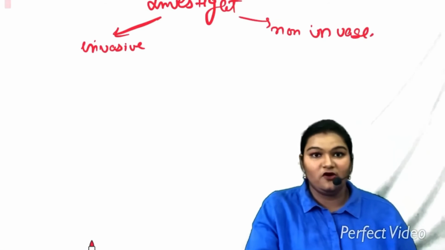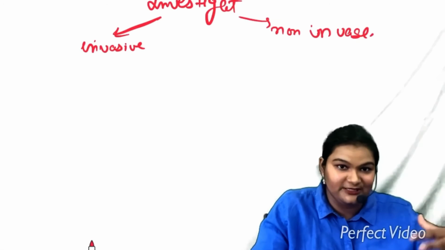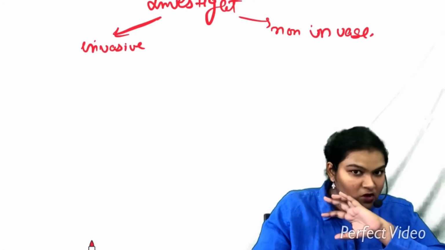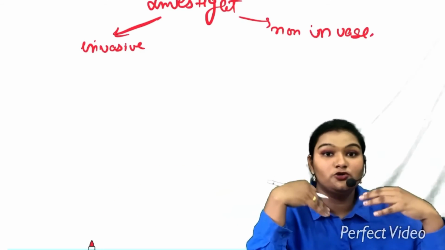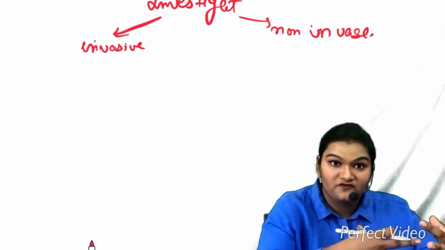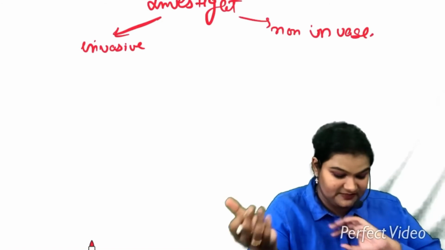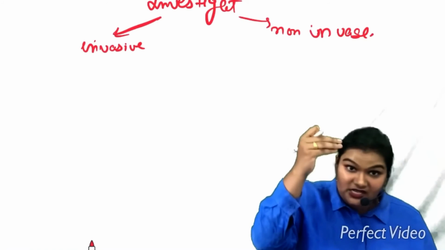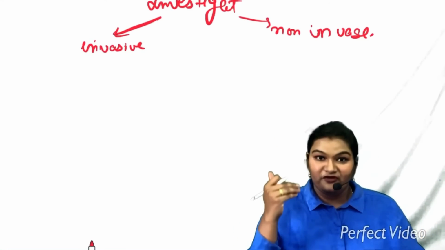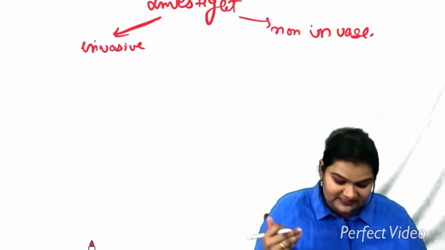Whenever you think of different radiological imaging techniques, you can't differentiate whether it's only invasive or only non-invasive. There are two other categories we call micro-invasive and minimally invasive. So let us arrange these different types of investigation in decreasing order of invasiveness.